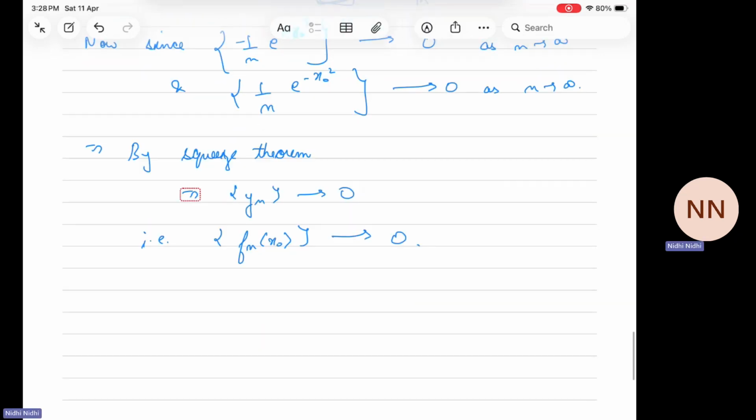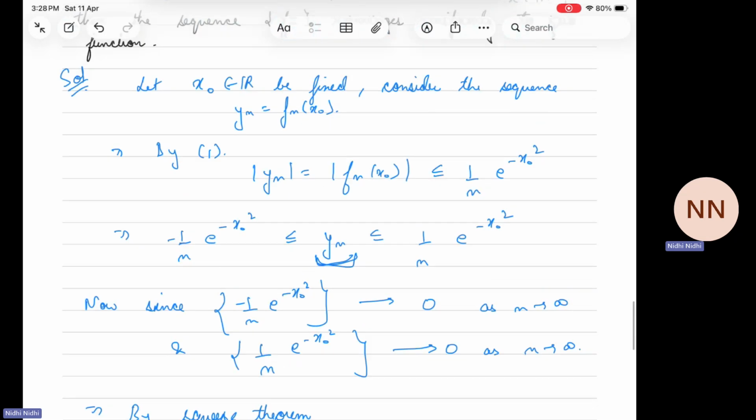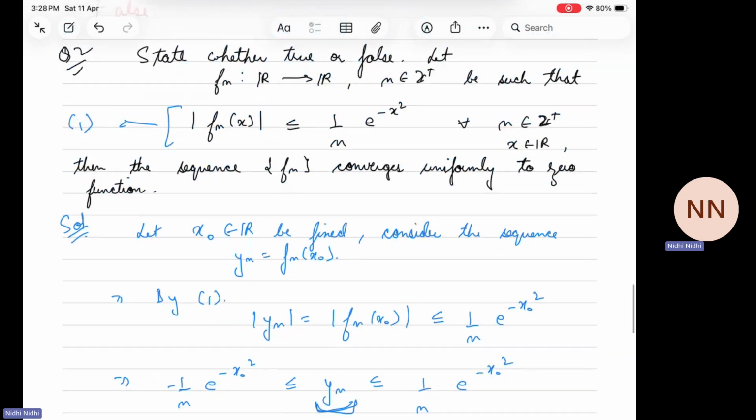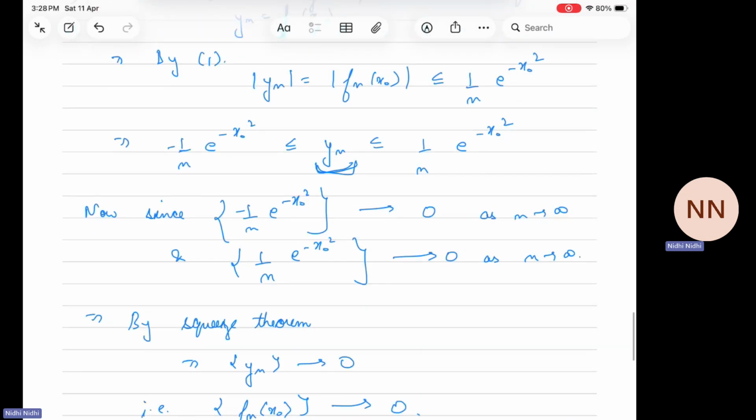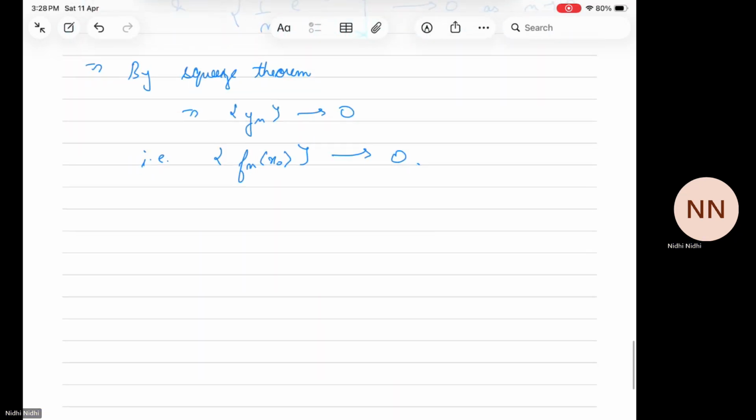Now, since x naught was taken arbitrarily, I could take x naught to be any real number because this inequality first holds for every x in R. Eventually, we'll get the same thing. Therefore, x naught belonging to R was chosen arbitrarily.